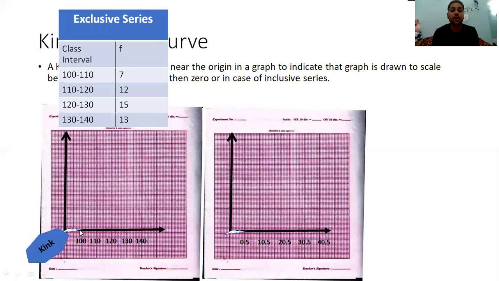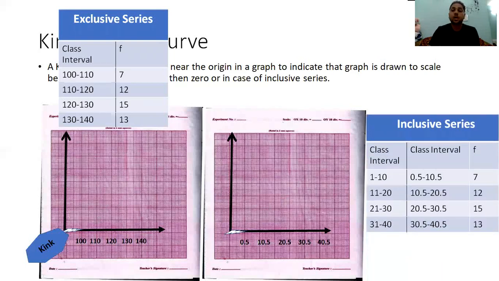Now we have class intervals beginning from 100 to 110, then 110 to 120 here. So we can make our normal graph using the class intervals even when it does not begin from 0.